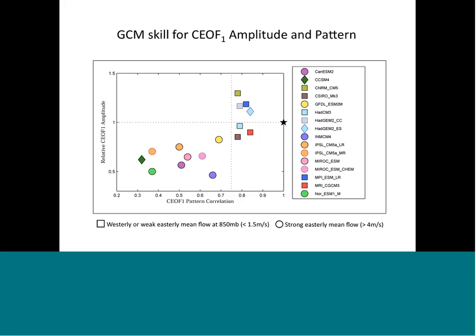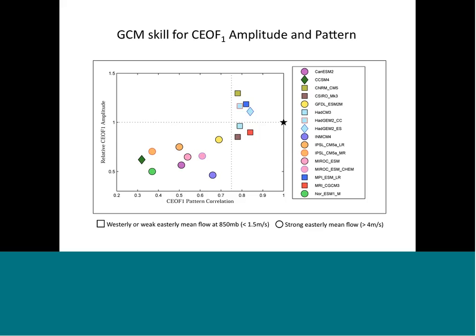Then we further label the models which show a more realistic summer mean flow, with westerly or weak easterly mean flow at 850 millibar as in the observations, as squares. Those models displaying an unrealistic summer mean flow, with very strong easterly flow, are marked with circles, and the 2 diamond marks represent missing data in these 2 models. So generally, it's very interesting.